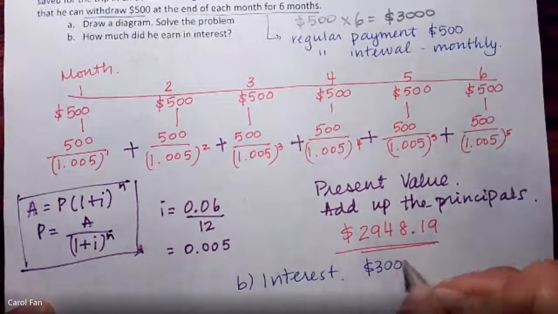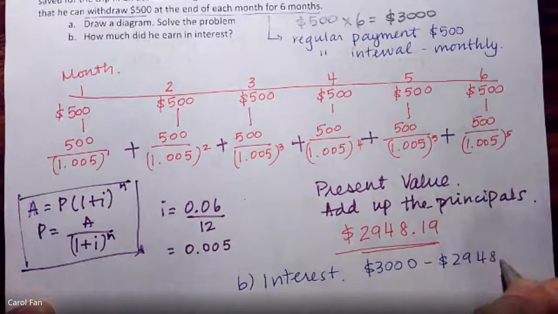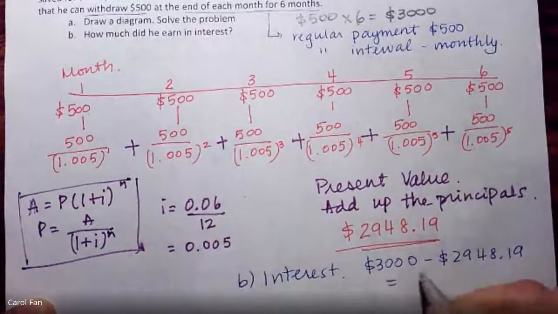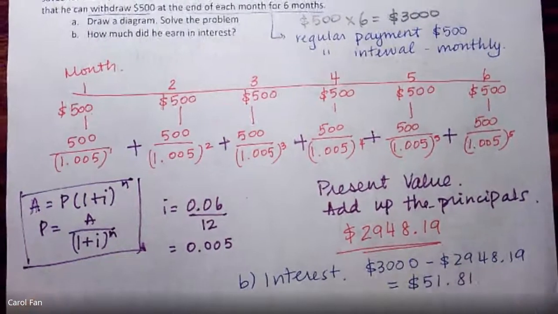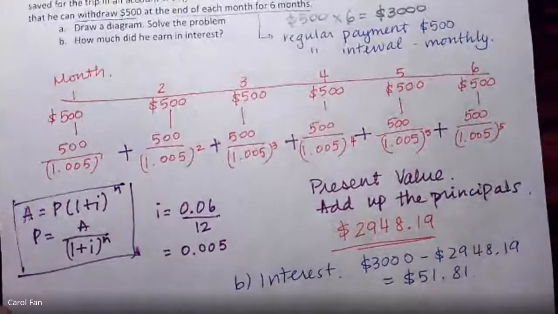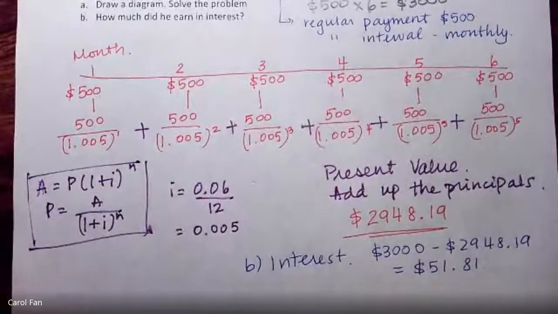Let's take that and subtract it. So in total, she earned 51.81. Not a significant amount, but this is like free money. If somebody says, I'm going to give you a free $51, I would take it. So investing it this way in an account that gives interest is always worth it.